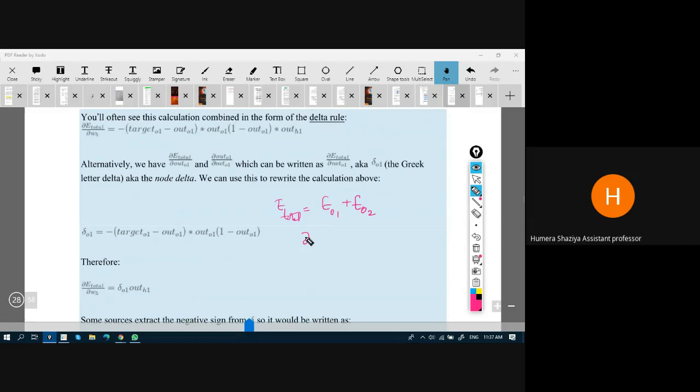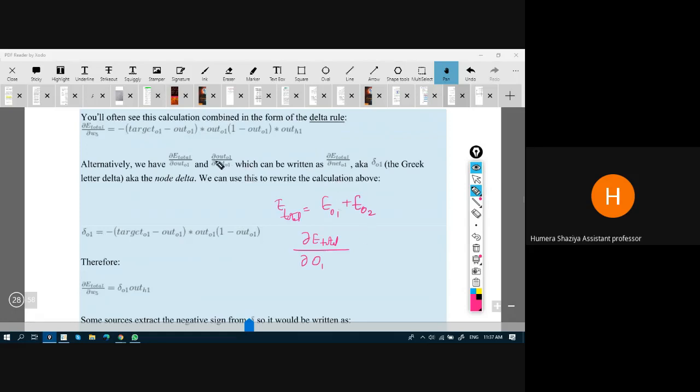So, in order to find the derivative of total error, you have to find the derivative of O1 and you have to find the derivative of O2 as well.